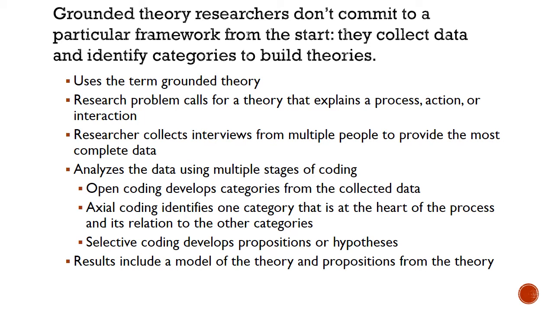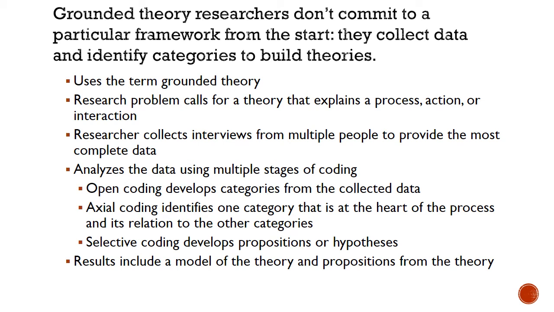This type of work is usually applied when there's a need to describe a process, action, or an interaction. And multiple sources of data are used. In the book, they emphasize interview data, but often other sorts of data are collected as well to provide triangulation.